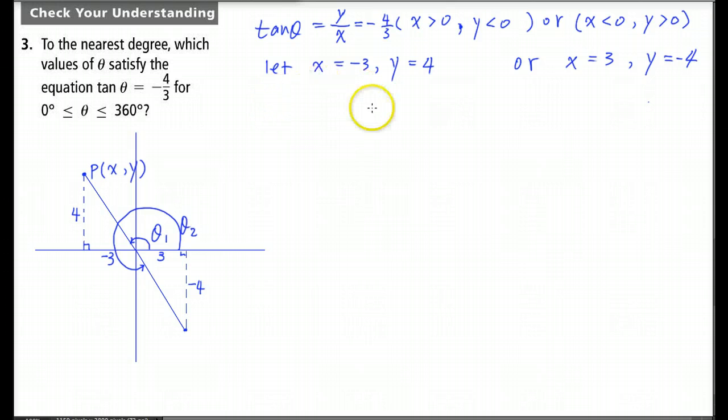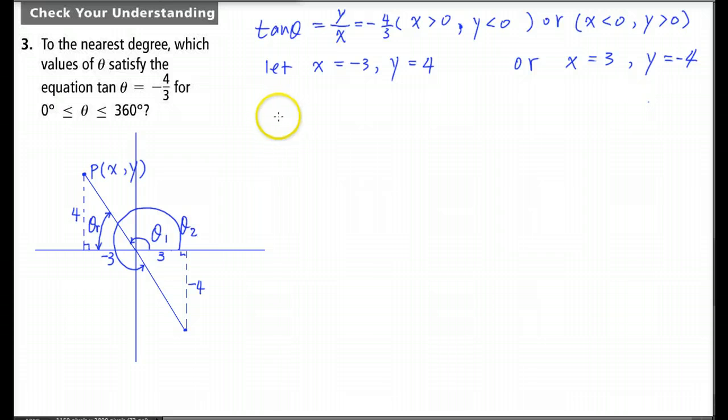Okay, let's look at the first case. We try to find the reference angle. It's kind of tricky, so let me draw it this way. I call this reference angle theta r. The reference angles should actually be equal.